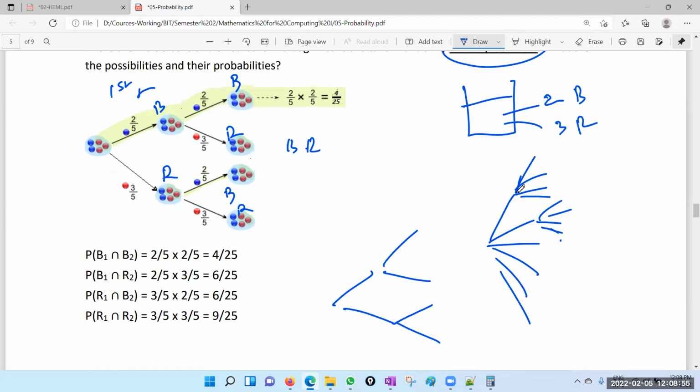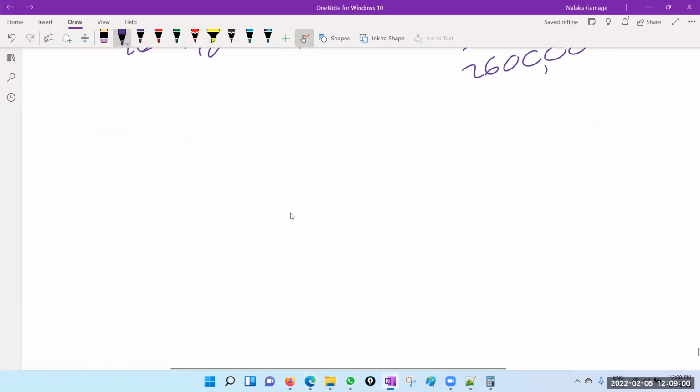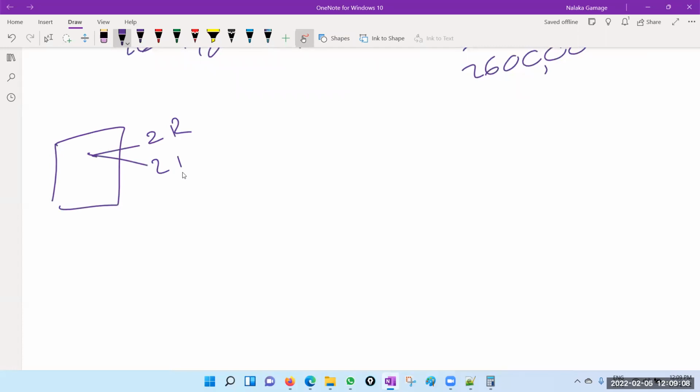So do this as exercise quickly. Say I have a bag. I have 2 red, 2 blue, 3 green. And we take one at a time and we take 2 balls. Find these probabilities, because you have to be familiar with the terminology also.